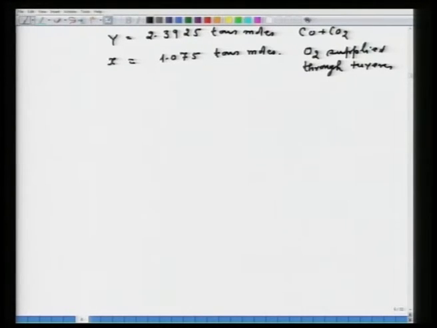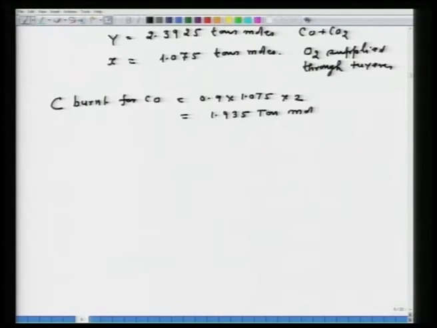Now I have to find the carbon burnt for CO. That will be equal to 0.9 into 1.075 into 2, so carbon burnt to CO will be 1.935 ton moles, and carbon burnt for CO2 will be 0.1075 ton moles.